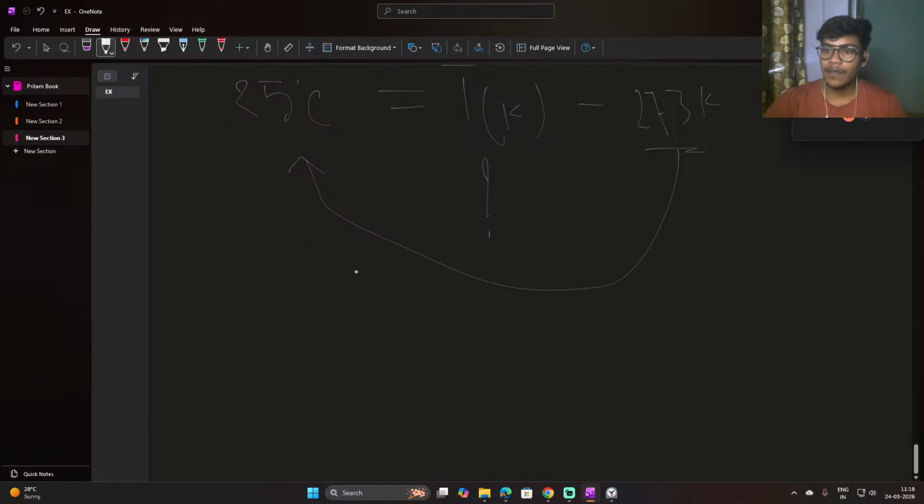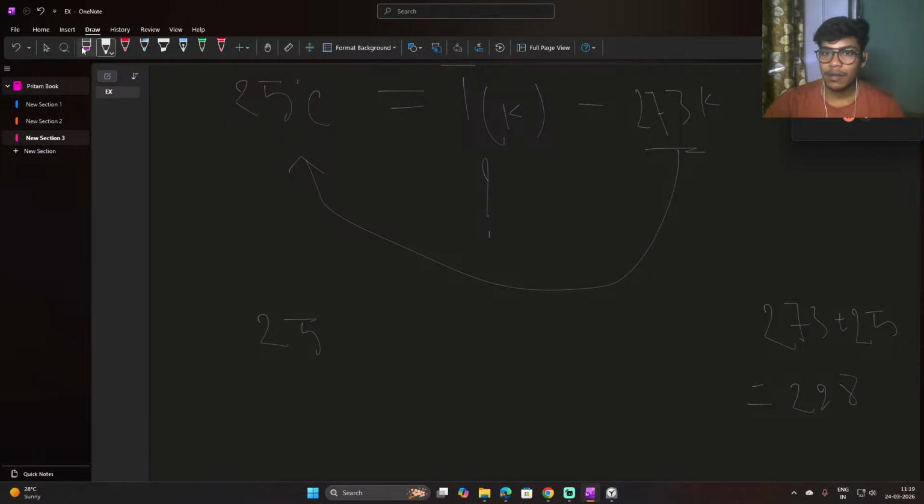So 25 degrees C in Kelvin is 273 plus 25, which becomes 298 Kelvin.